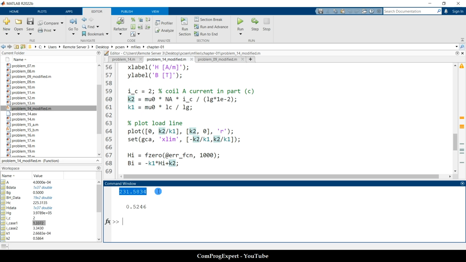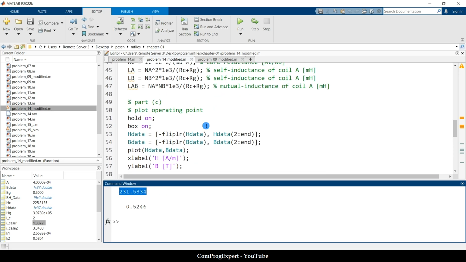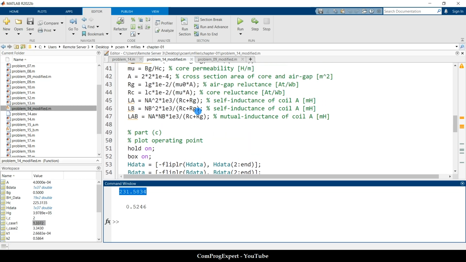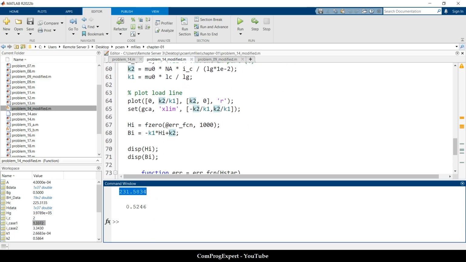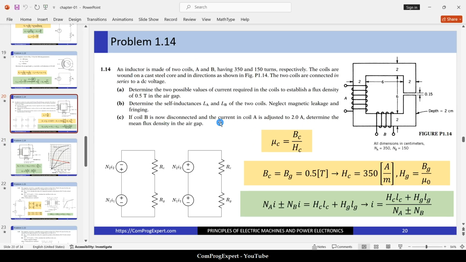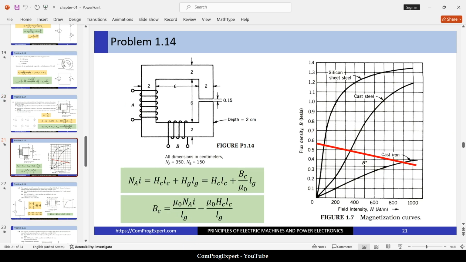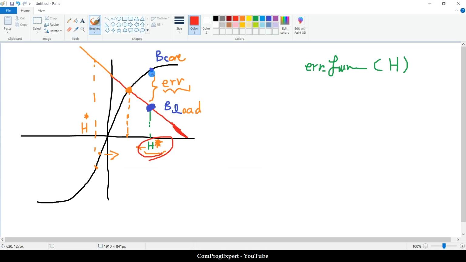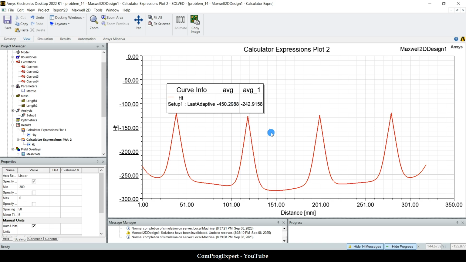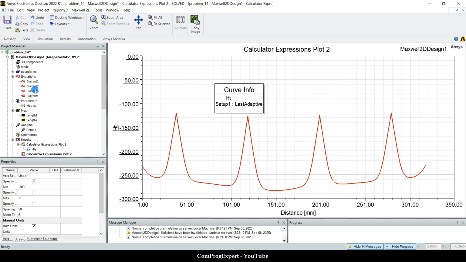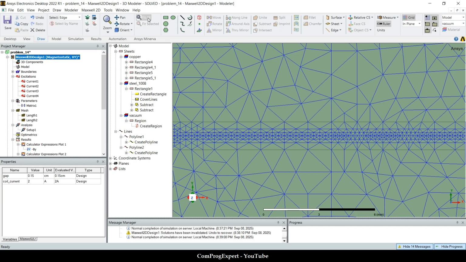The negative sign is not important, so it shows that even our analytic formulation is good, and we can detect the operating point using a nonlinear root finding, defining this error function, defining this load line, and knowing the BH curve. If you didn't understand this averaging, let me clear and repeat the problem again.